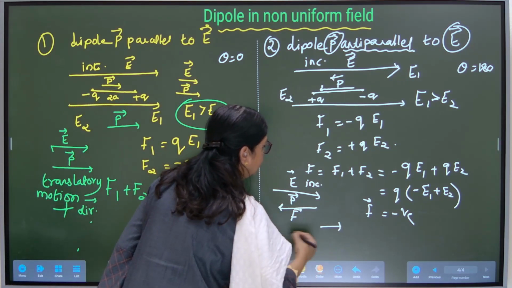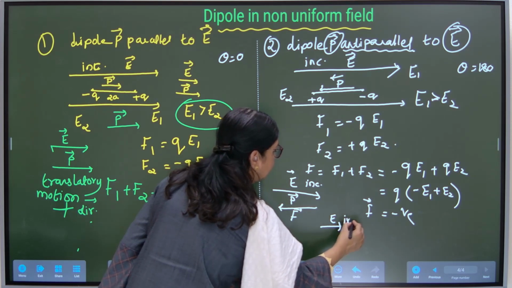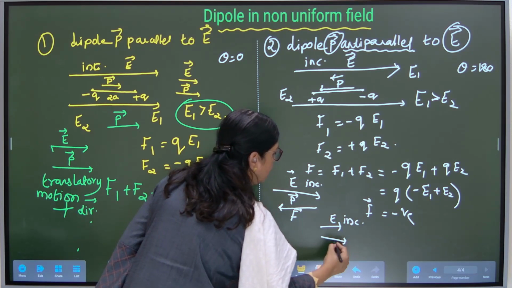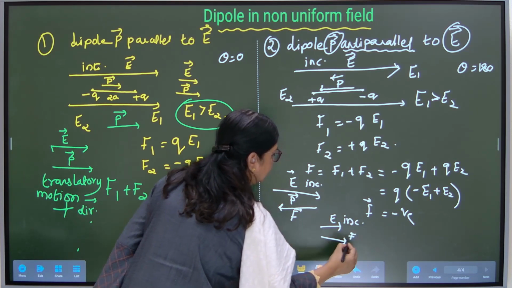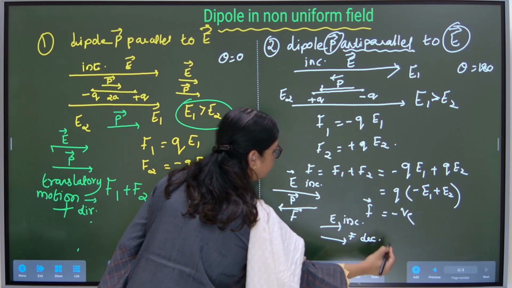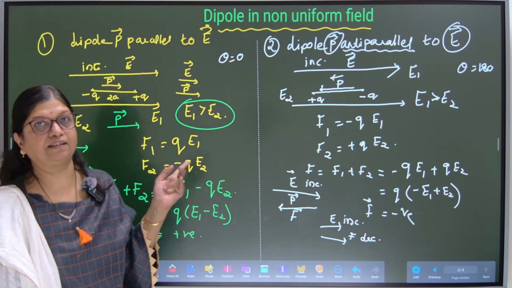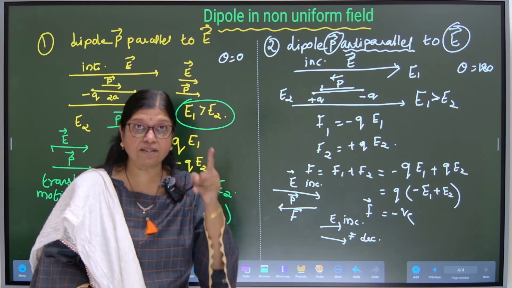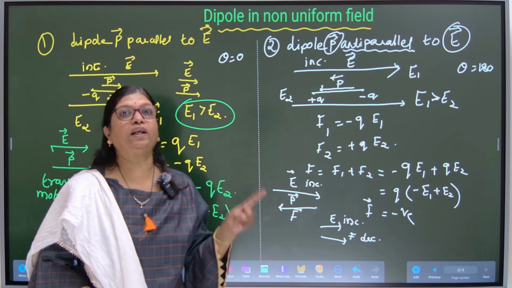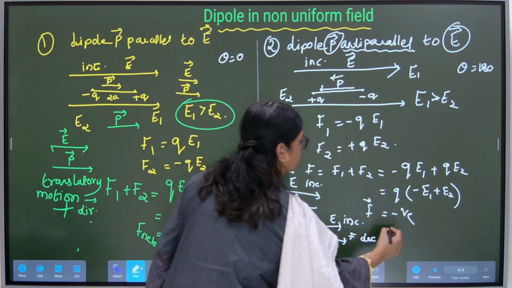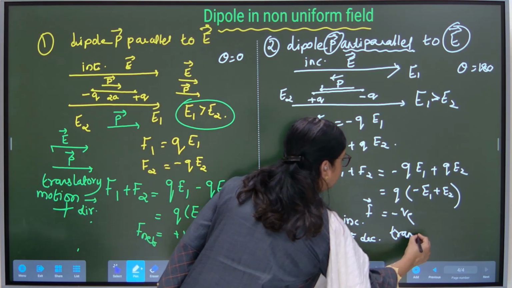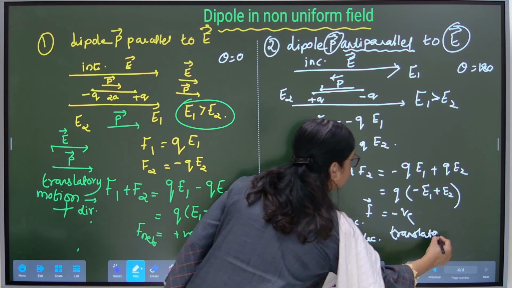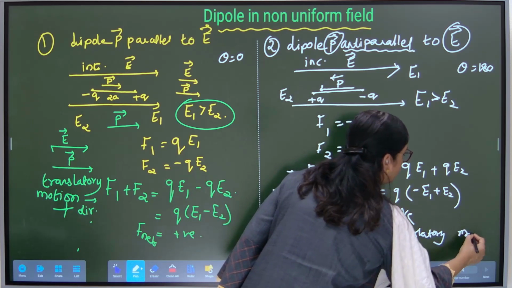What is the result? E is in increasing electric field. Force is in decreasing electric field. Force is going towards decreasing electric field. So the dipole will also go towards decreasing electric field, and net force is there. That's why the dipole will have which type of motion? Translatory motion. Okay.